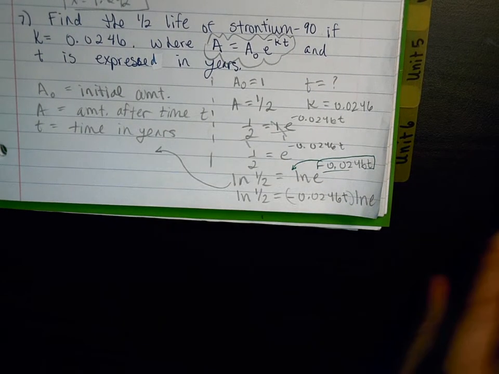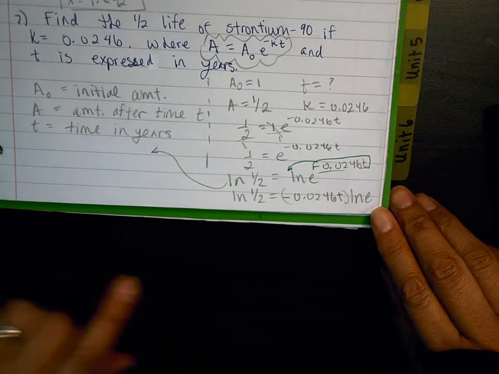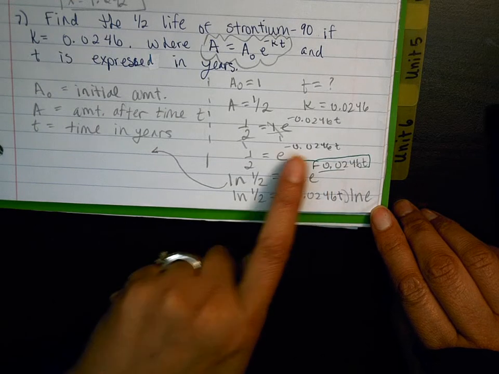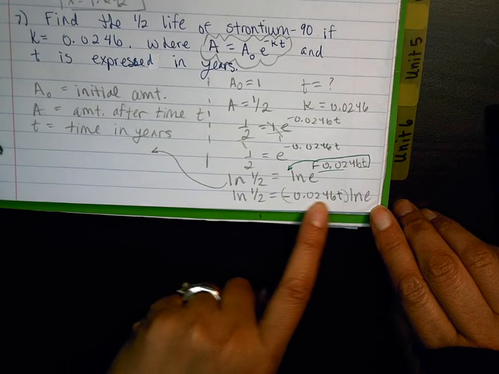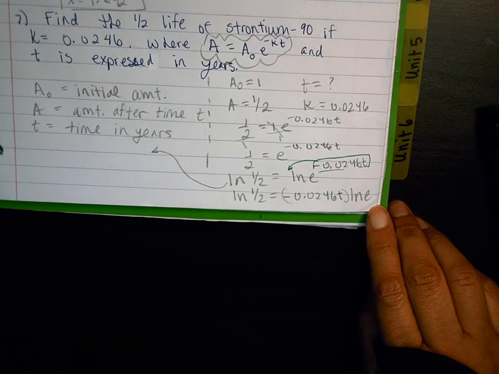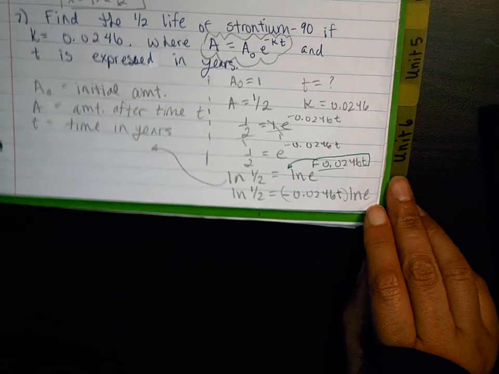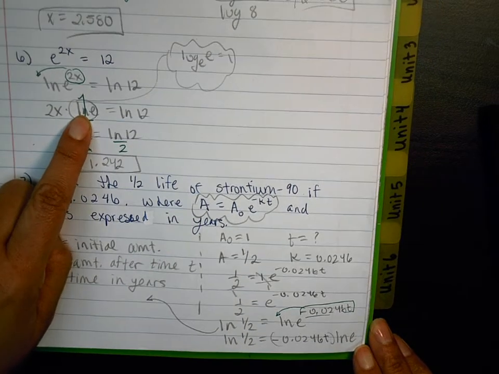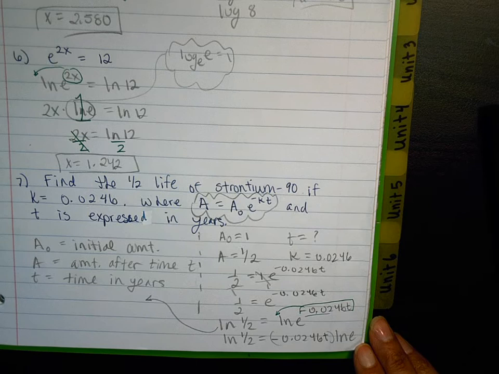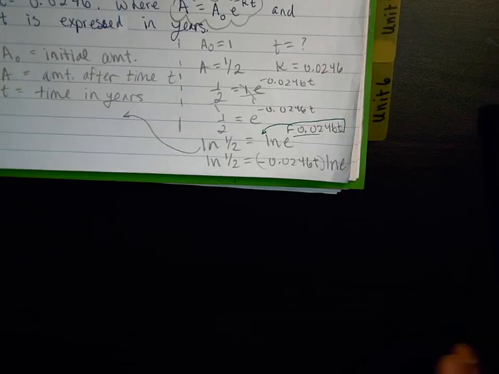I'm going to move this over here. Okay, so what do I have? I have ln of 1/2 stayed. This green exponent came down here to the coefficient, and then ln of e is still ln of e. But remember what we talked about earlier, that ln of e is a 1 in disguise, because that means log base e of e, and that equals 1. So this is just a 1 in disguise.